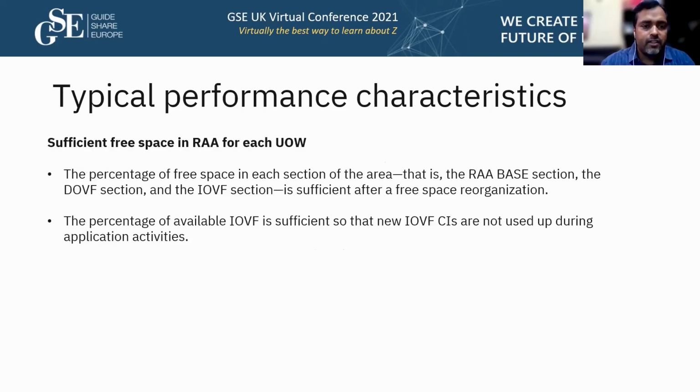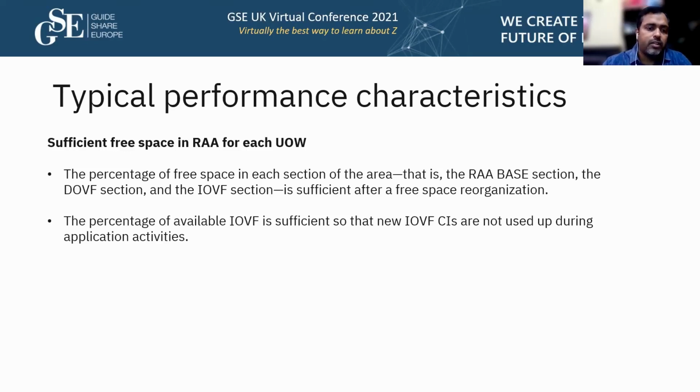Okay, now there should be sufficient free space in the RA for each unit of work. So basically the percentage of free space in each section of the area, that is the RA base, the DOVF and the IOVF section, should be sufficient after you do a reorganization. We need to have a sufficient amount of free space, especially in the IOVF section, where we want maximum free space.